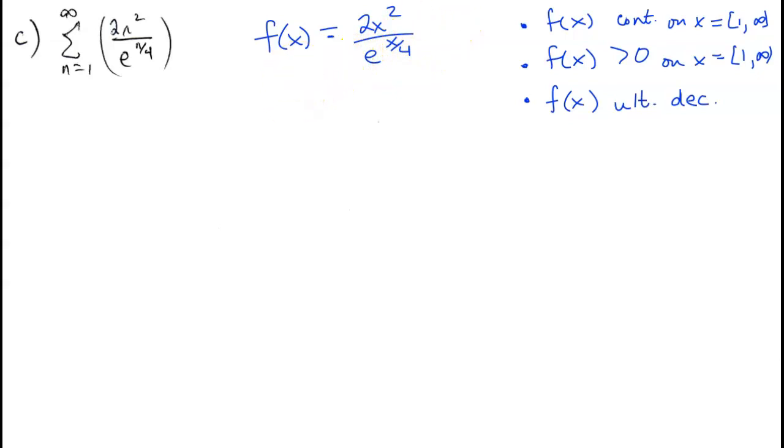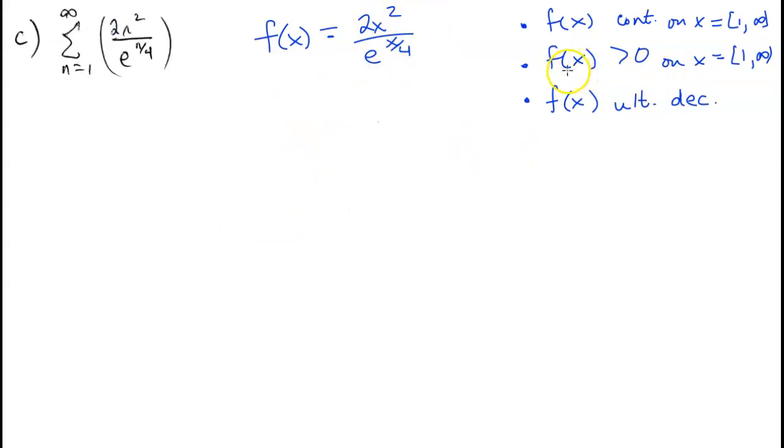So because of that, we know that the quotient of these two functions will be continuous for all real numbers as well, and definitely continuous from 1 to infinity here. Also note that our e to the 1/4 x function will never be 0, so we won't have anywhere where the denominator will be 0. Thus, there's nowhere where this function will be undefined.